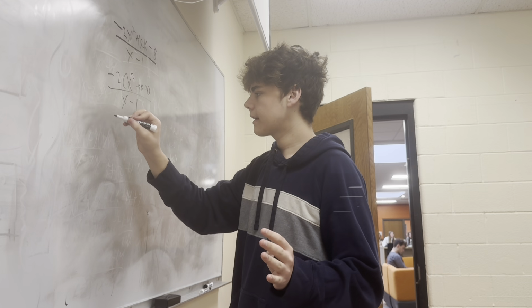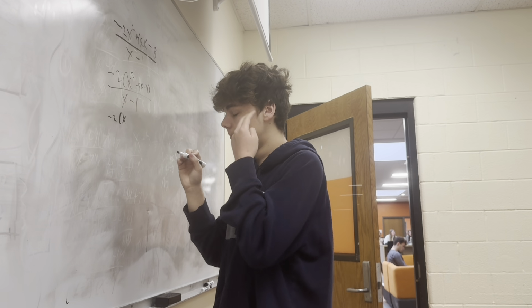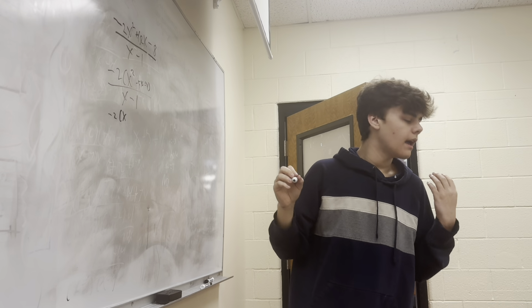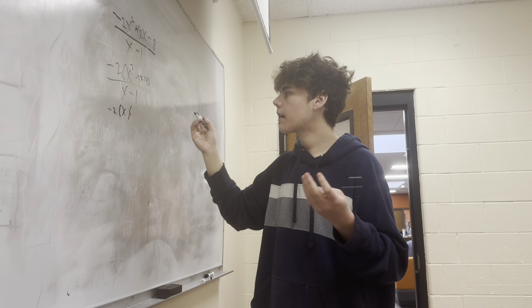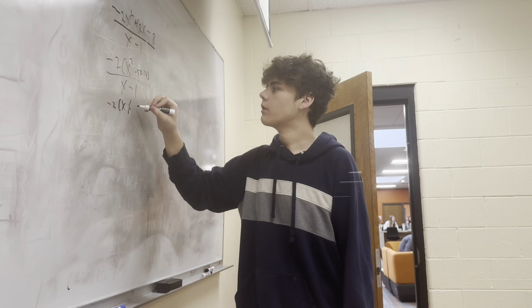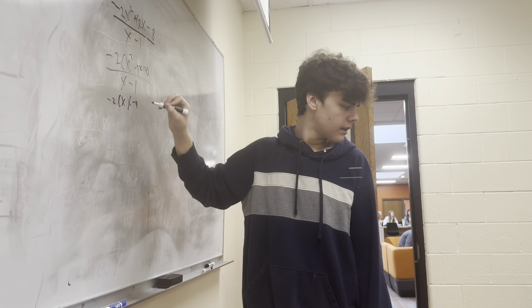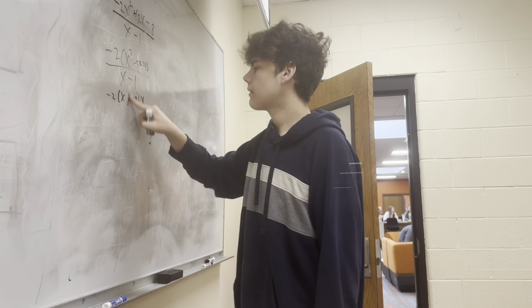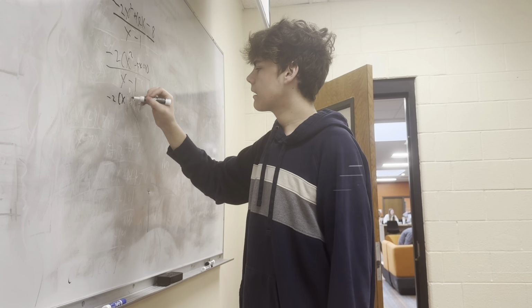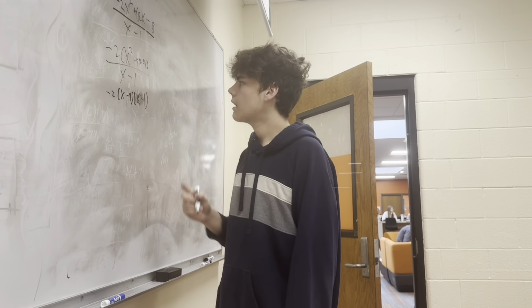Forget that 2 for a second, and then just factor the inside, which would be x minus 4. Multiplies to 4, adds to negative 5, which would be x minus 4, and then x minus 1. Oops, got that in wrong. It's x minus 4, and then x minus 1.